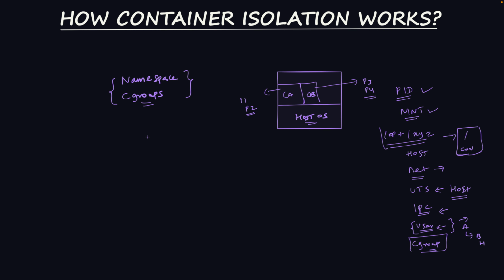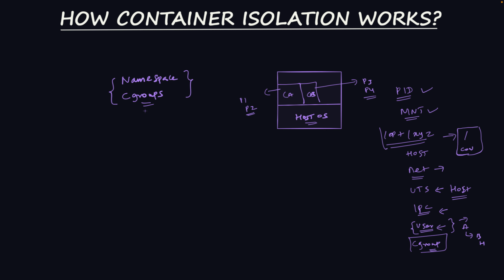Cgroup is basically like a resource manager or resource controller. When you have multiple containers running, we don't want those containers to use all of the hardware resources available, right? We want to provide some restriction so one container won't hog the hardware available and starve other containers or the host operating system.